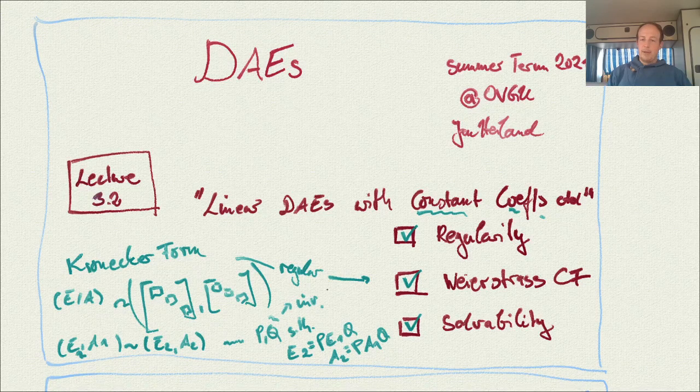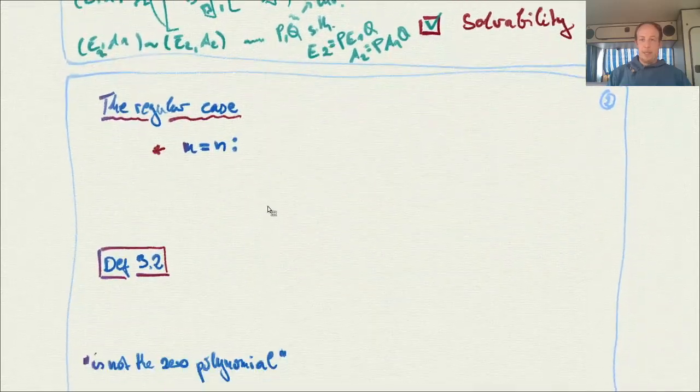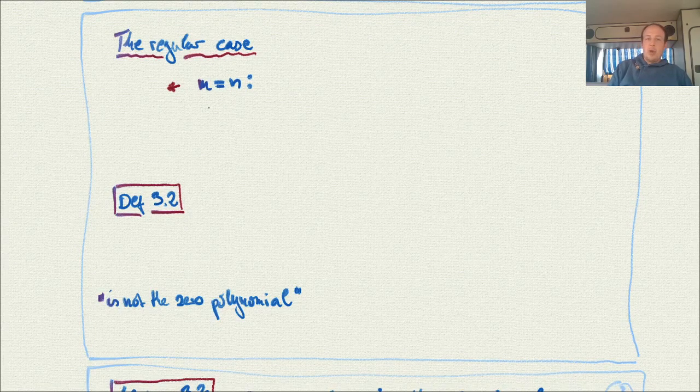Now we will add regularity of such a matrix pair, and then we will get to the Weierstrass canonical form, and then we will start talking about solvability. And solvability, if you think of systems of equations, the natural thing, unless you do something weird with projections and whatever, is that you have as many unknowns as equations. So this is the number of equations, this is the number of unknowns, and you want to have them the same.